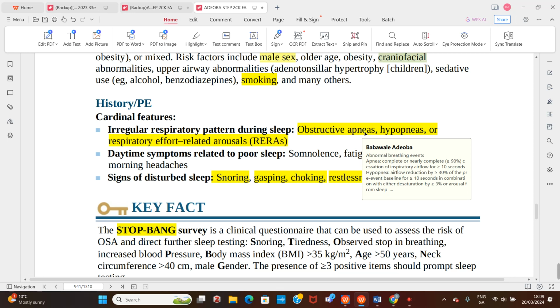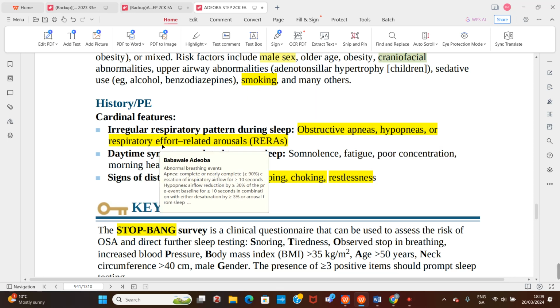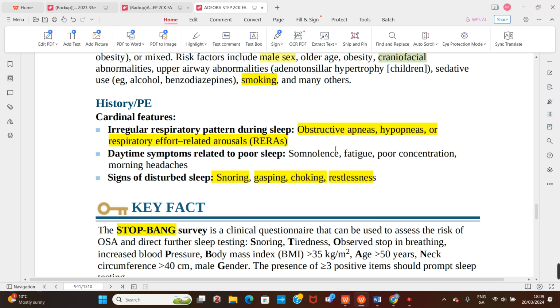That is hypopnea. Then the last one is the RERA, the respiratory effort related arousal. This happens when somebody suddenly wakes up from sleep due to hyperventilation or obstruction, but the person is not within the range of apnea or hypopnea.